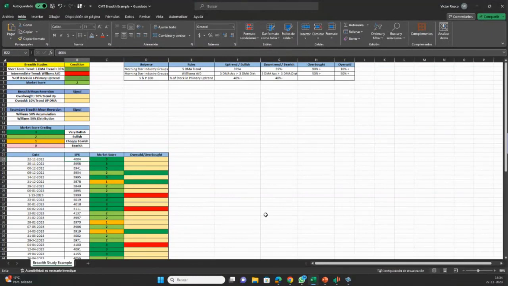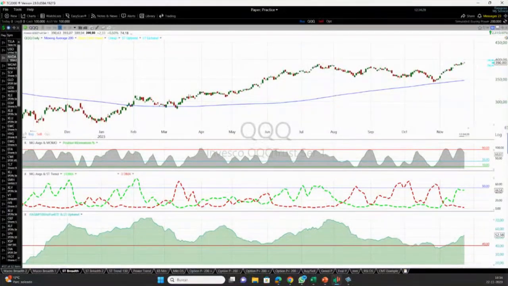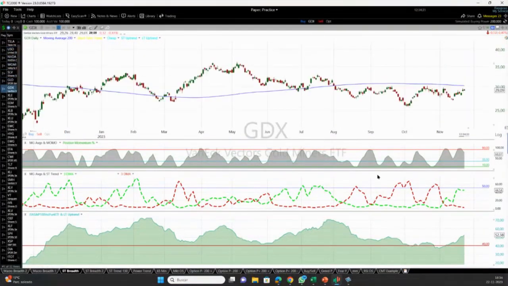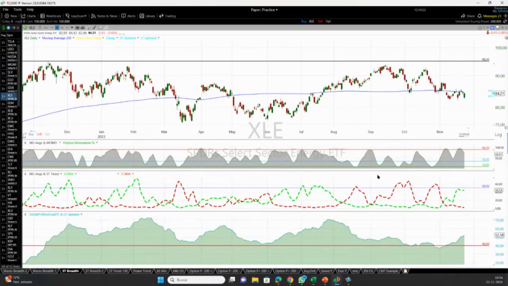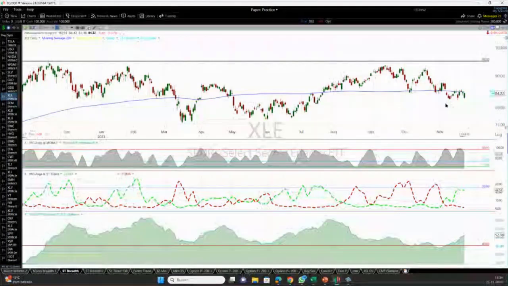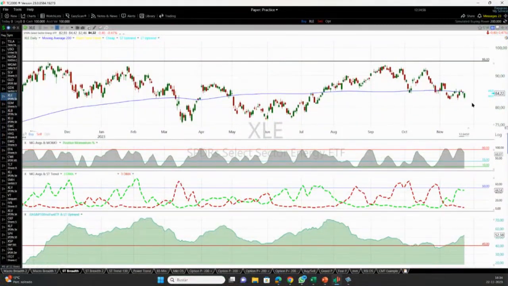It also means you don't have to look at 1,000 charts to get an opinion of what the market is doing. This is the streamlined version, and the power of this is that once you apply your own breadth studies that you understand, that you use for your own trading rules, you can get a really quick idea of how the market is behaving just by looking at your 3 indicators and seeing what level they are.